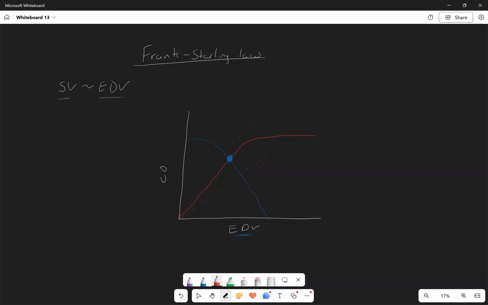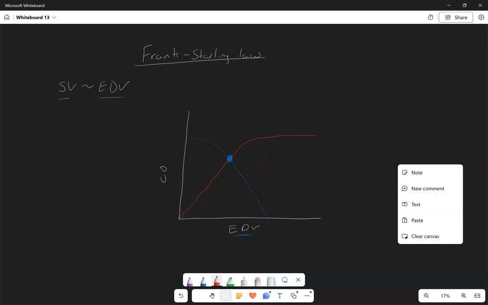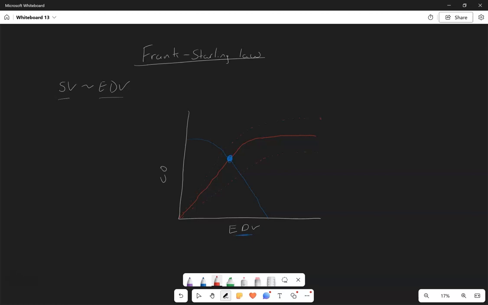So this is basically changes in the contractility or contractile force of the heart. If we increase the contractile force of the heart by doing something like sympathetic innervation, that is going to impact the cardiac function, or the operating point of the heart.